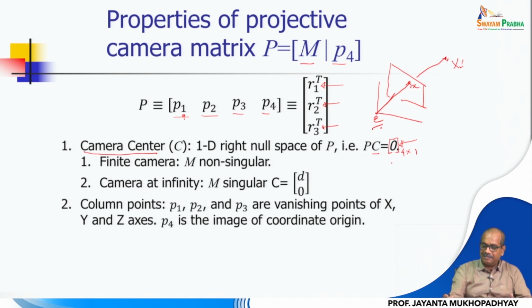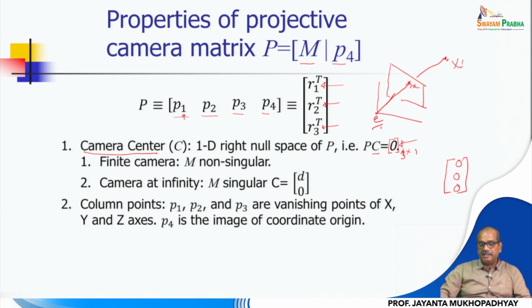The result should be a 3 cross 1 column vector, because you are computing the image point, but since you will not be able to get it, your scale value would also be 0. So 0 by 0 is undefined. That is a singularity. If I express the image point, it does not indicate any particular value, so it is an undefined value, 0 by 0.